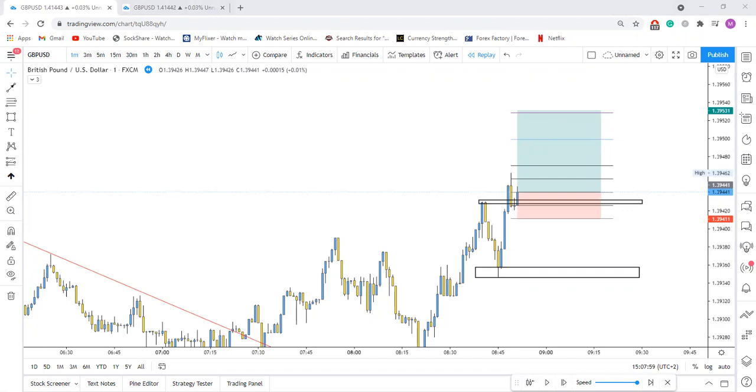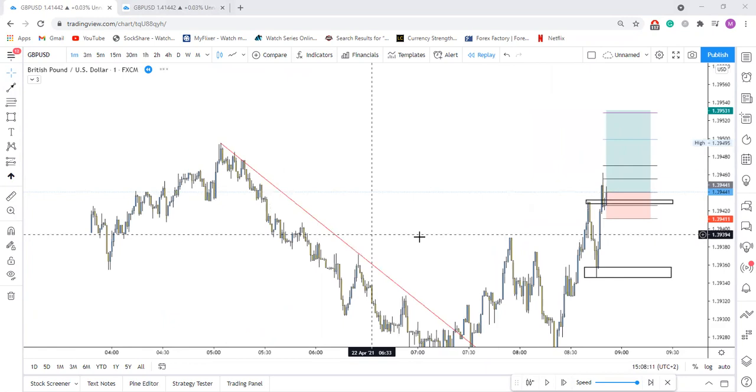Let me add that. So all I'm doing right now is just capturing the trade. Perfect. Okay, so that's a minus trade.